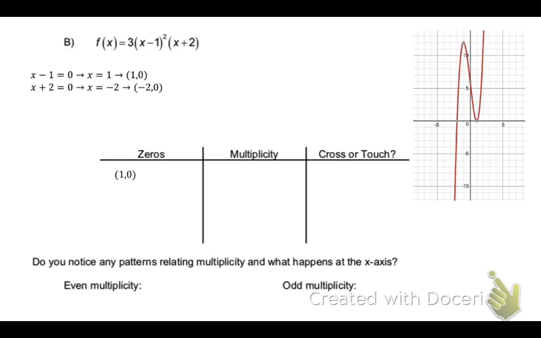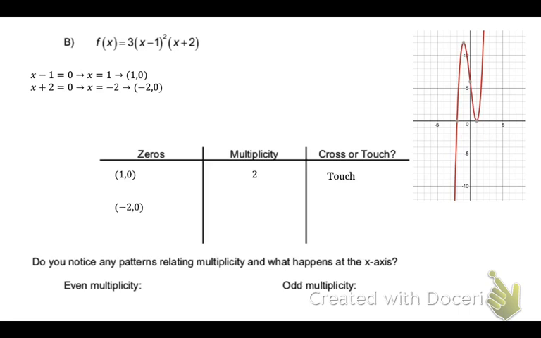So for 1, 0, that has a multiplicity of 2 because the exponent power there is 2 right there. And if we look at our graph, at 1, 0, that is touching.